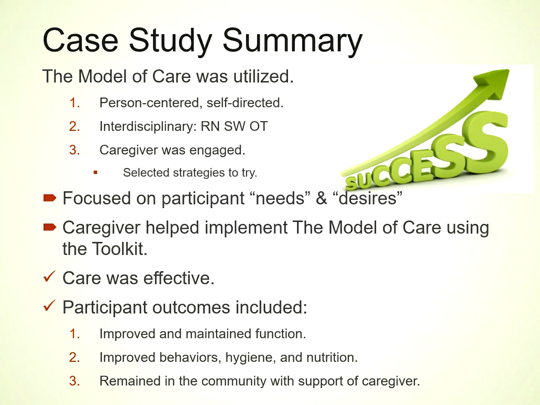Care was focused on participants' needs and desires. The caregiver helped implement the model of care using the toolkit. Care was effective and participant outcomes included improved and maintained function, improved behaviors, hygiene and nutrition, and the participant was able to remain in the community with the support of the caregiver.